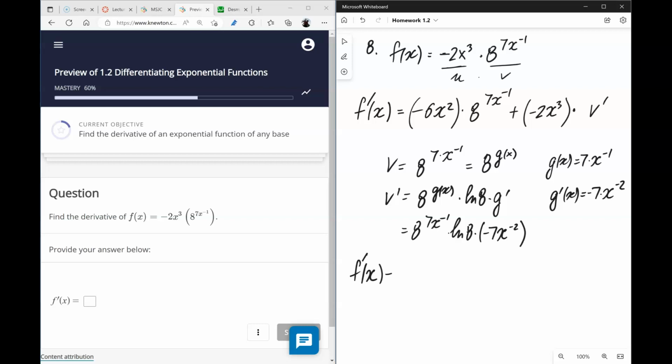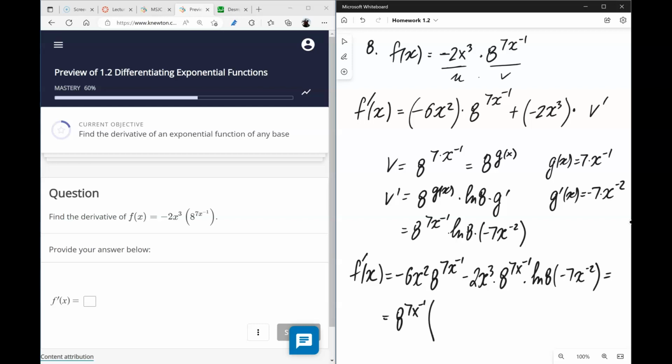So derivative of f is negative 6x squared 8 to the power 7x to the power negative 1 minus 2x cubed, v prime is 8 to the power 7x minus 1 times ln 8 times negative 7x to the power negative 2. And we can definitely simplify it, so we can take out 8 to the power 7x to the power minus 1. And here we have left negative 6x squared.